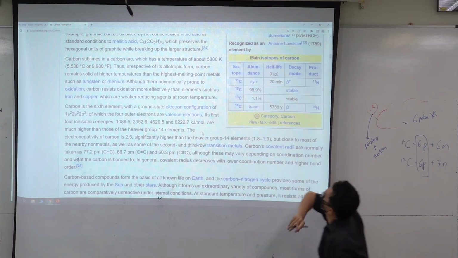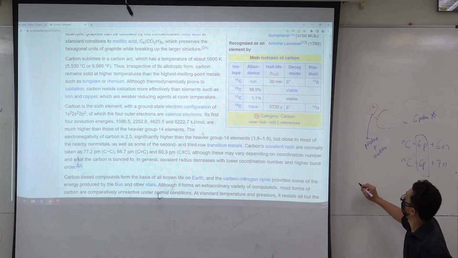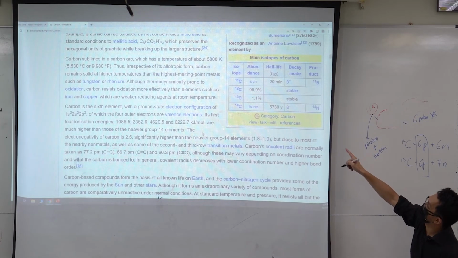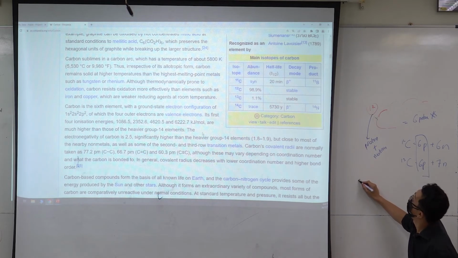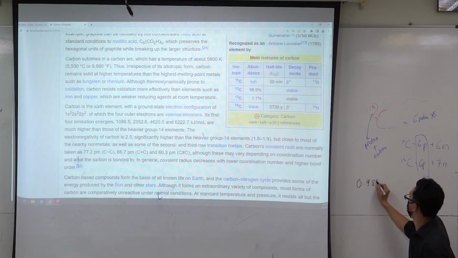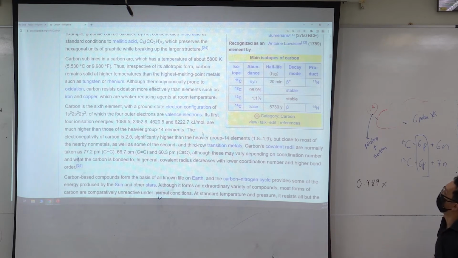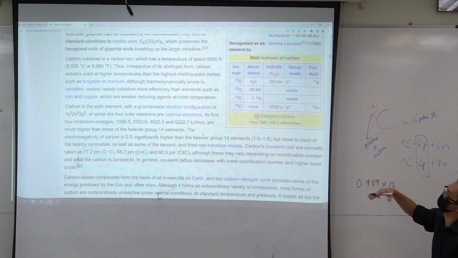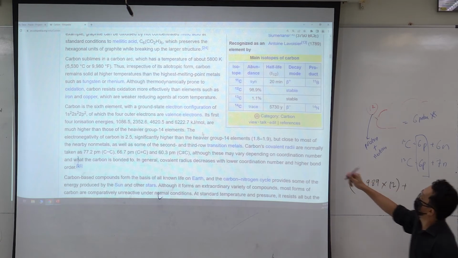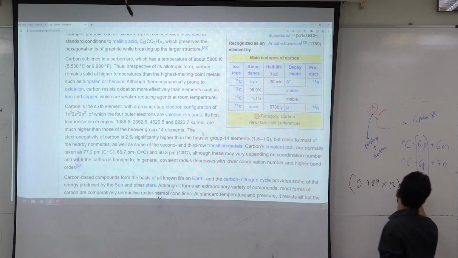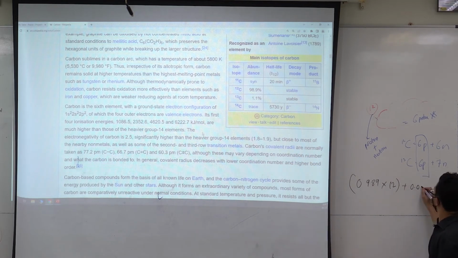Okay? So the number 12.0-whatever comes from taking into account the abundancy and the mass. For example, you know that 98.9% is carbon 12. So you take 0.989 times the 12, because that is basically the mass, plus 0.011 times the 13.